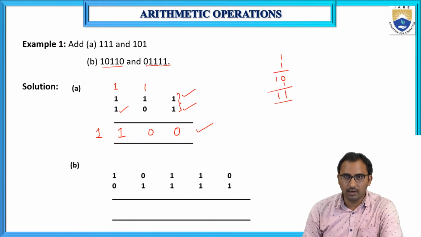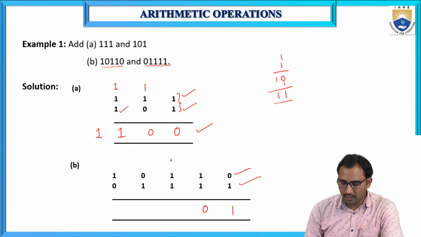Coming to the second one, the first number is 10110 and the second number is 01111. These are the two binary numbers that we are going to add. So 0 plus 1 gives 1, using the previous four rules that we have. Then 1 plus 1, you will get 0 with the carry 1.